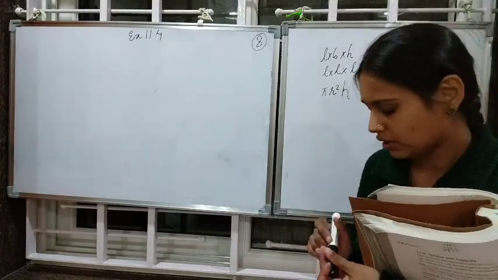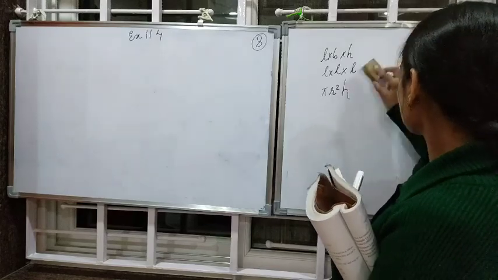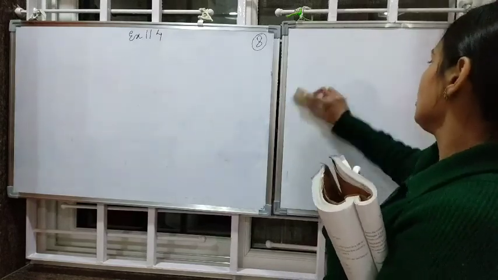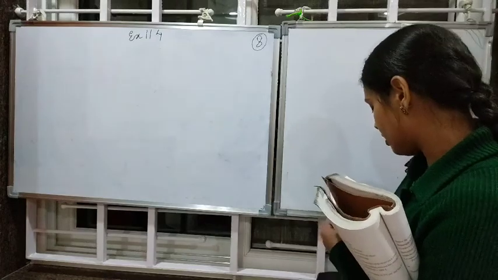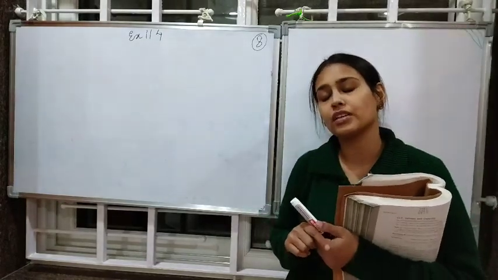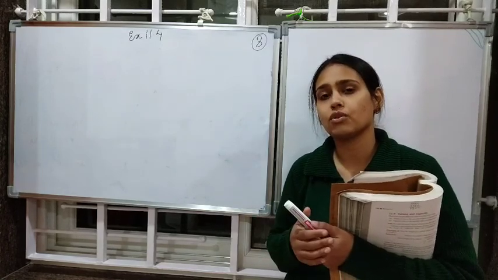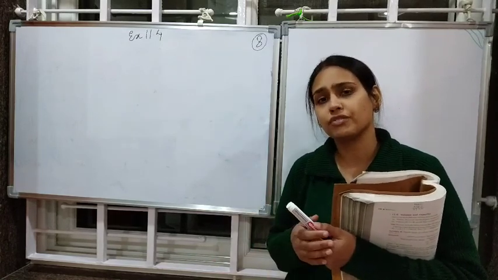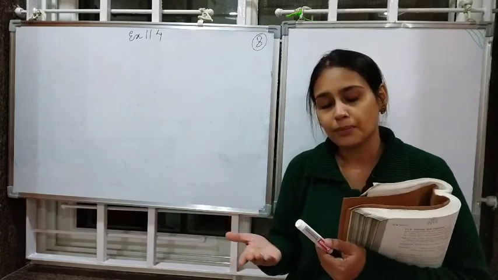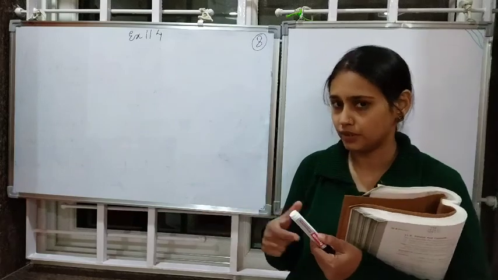This was a very small revision of what we discussed in our last class, and we also revised the curved surface area, the total surface area, and the lateral surface area of the cuboid, cube and the cylinder, right?